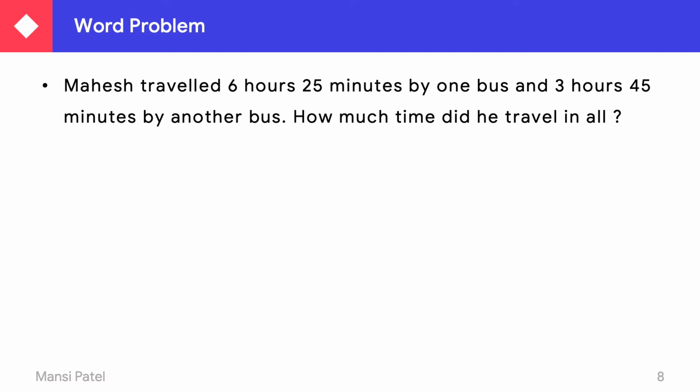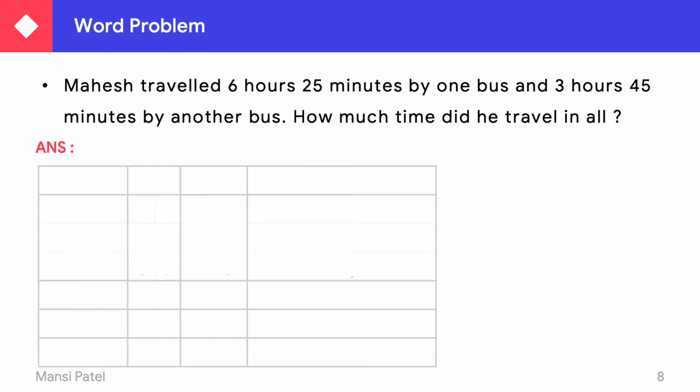So here you can see that Mahesh traveled from one place to another place, and on the way he changed two buses. In the first bus he traveled 6 hours and 25 minutes, and in another one he traveled 3 hours and 45 minutes.